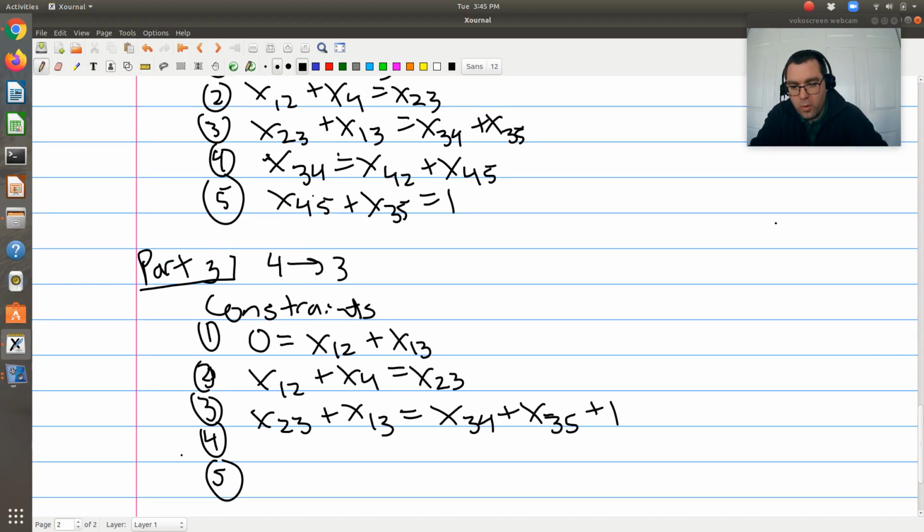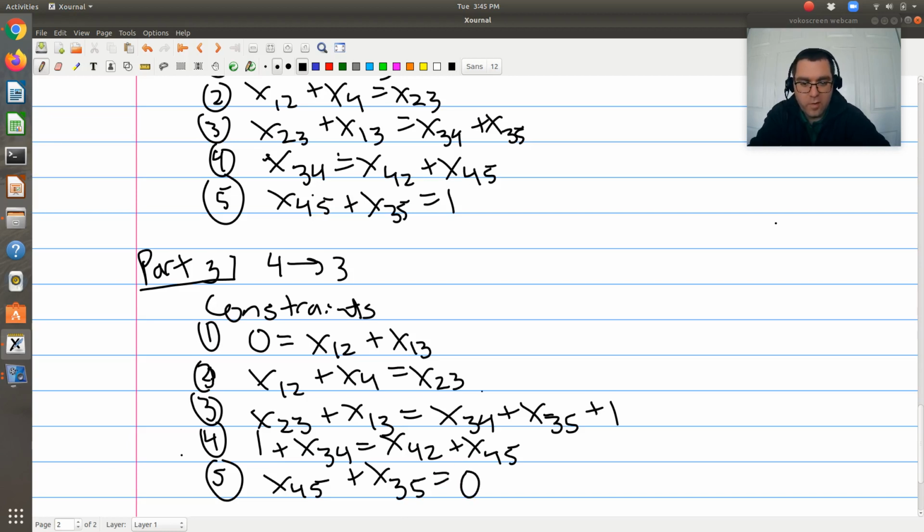Node 4, in equals out. Now we need to include this unit entering node 4, so 1 plus x34 is equal to x42 plus x45. And then node 5, well, no, it's not unchanged. I no longer have a unit exiting node 5, so it's back to 0.